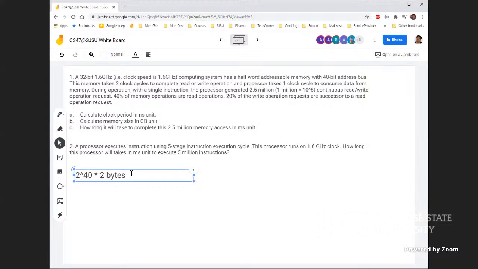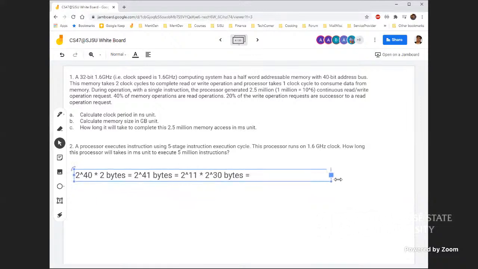Since we are going to the gigabyte unit, let's concentrate on that. This becomes 2 to the power 41 bytes. 2 to the power 40 multiplied by 2, it's a power increase there. Let's write it as 2 to the power 11 multiplied by 2 to the power 30 bytes.